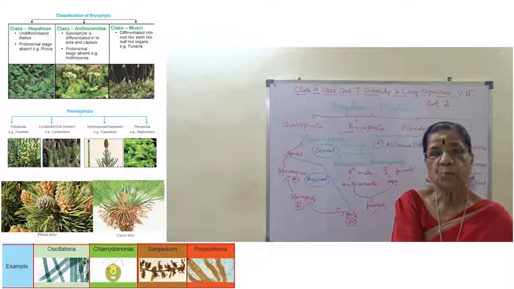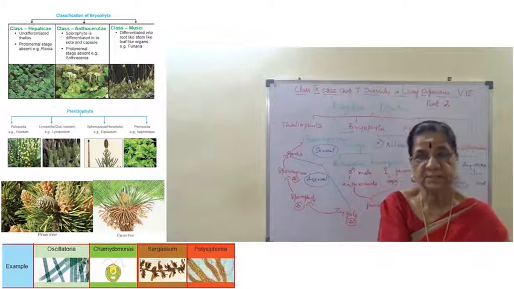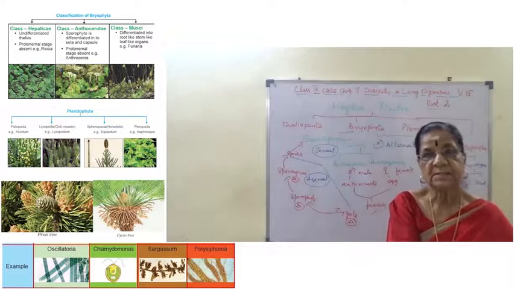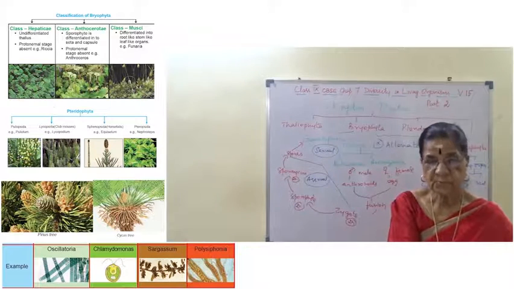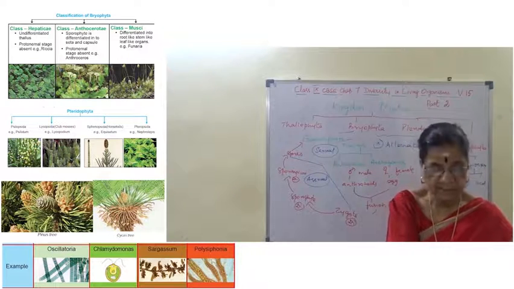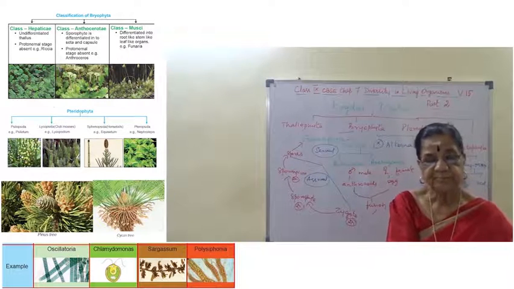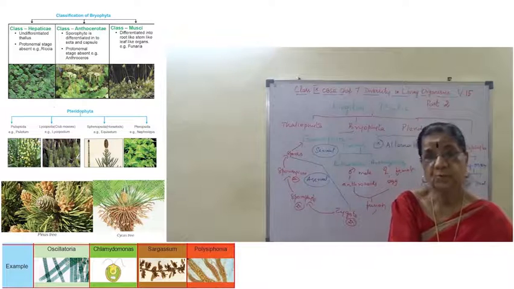Spores may be homosporous, only one size and shape, similar size and shape, or heterosporous, as smaller and bigger. Micro and megaspores will be present. And the sporophyte alternates with the gametophyte. That is the life cycle of sporophyte, pteridophytes.